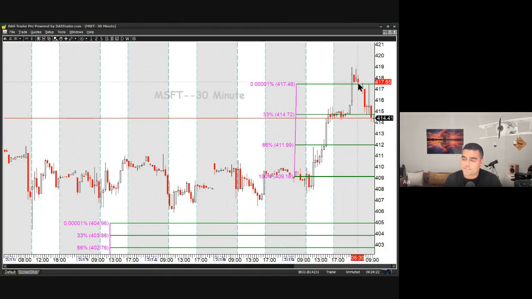You have the long tail hammer here, but there's no space to the left, so I wouldn't have entered there. For a continuation, it has to put in a big long tail hammer, so you have to let a 30-minute candle close. I don't see anything setting up that you can plan for the open.